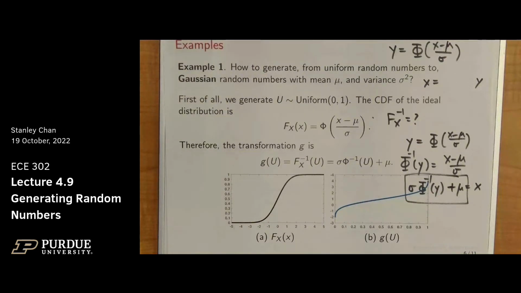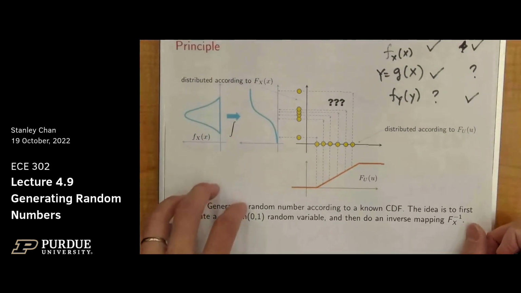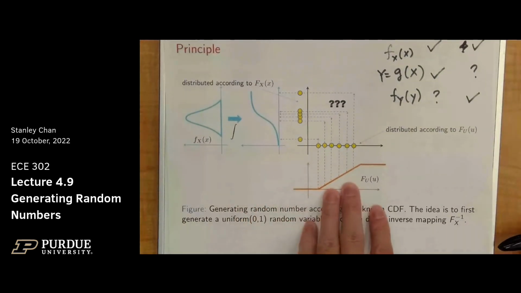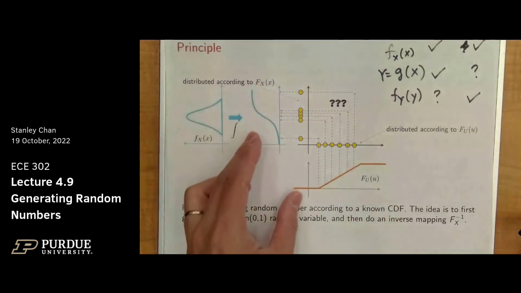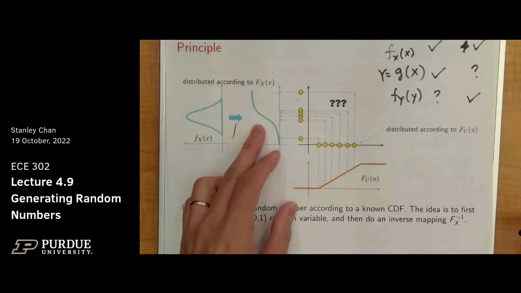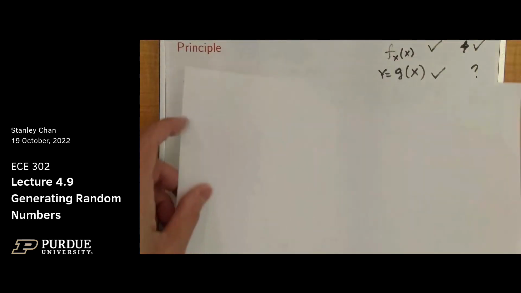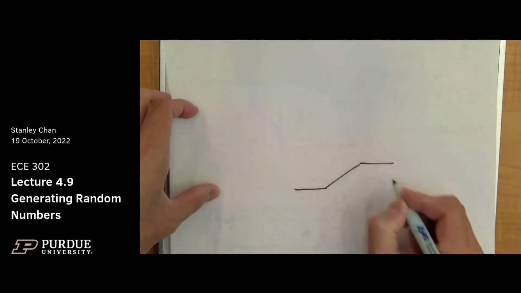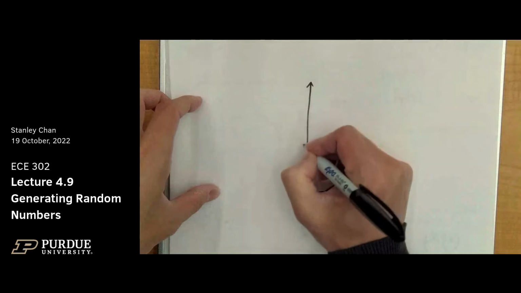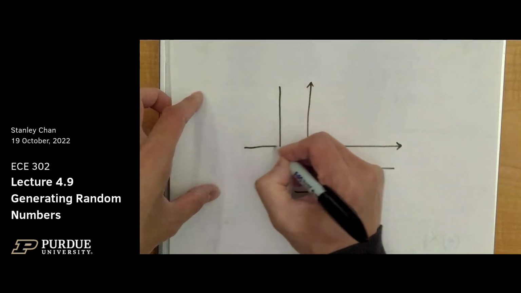Okay, so what is the principle here? Let's go back to this diagram. You start with a uniform random variable. You want to go to the new distribution. So the way to think about it is this. There is a uniform random variable, and I want the new distribution.